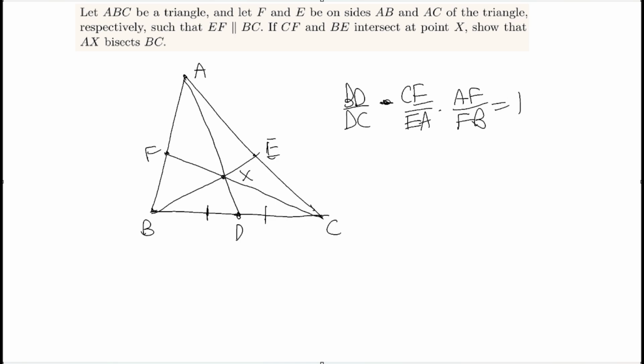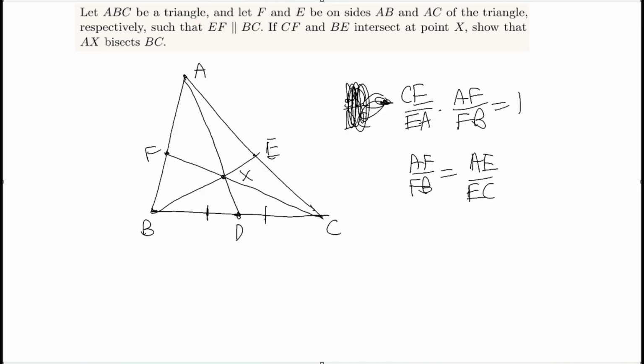And because BD over DC, we're going to be assuming that it's 1 and try working backwards. Working backwards is a very common tactic in geometry problems, and we can always reverse our steps. So we can get rid of this. So CE over EA times AF over FB is equal to 1. Or in other words, we have AF over FB is equal to AE over EC.